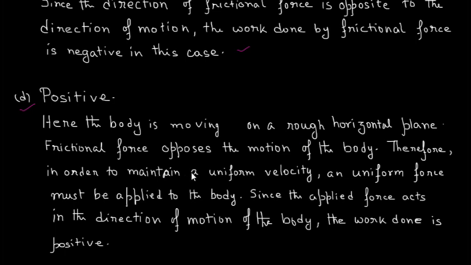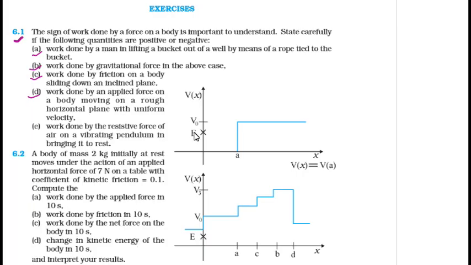Frictional force opposes the motion of the body. Therefore, in order to maintain a uniform velocity, a uniform force must be applied to the body. Since the applied force acts in the direction of the motion of the body, the work done is positive.